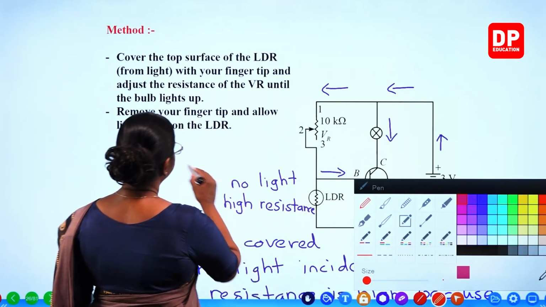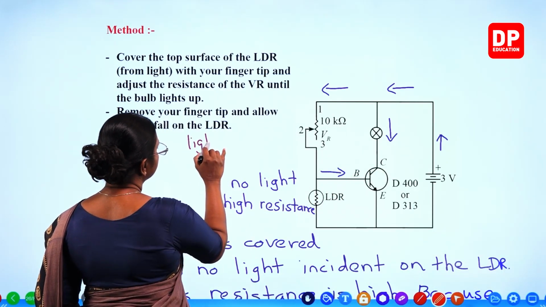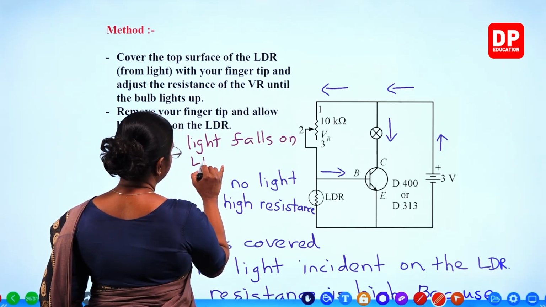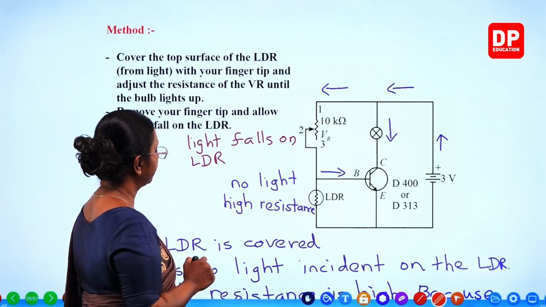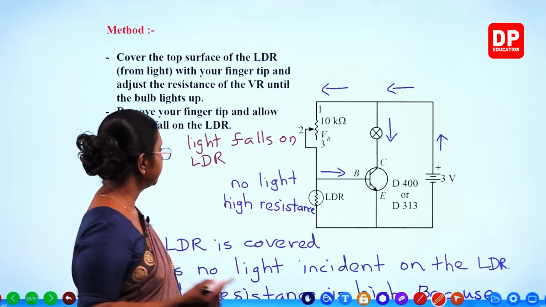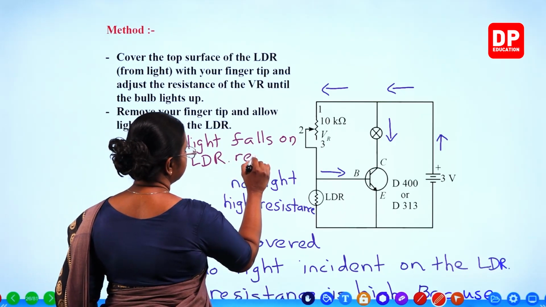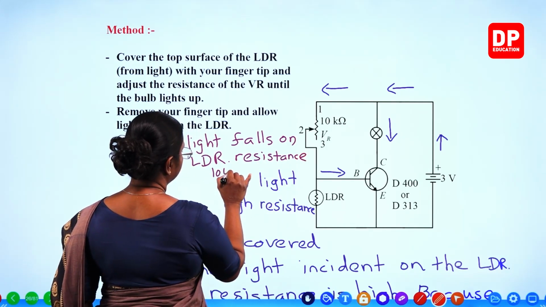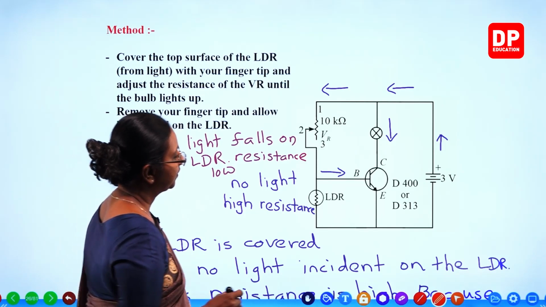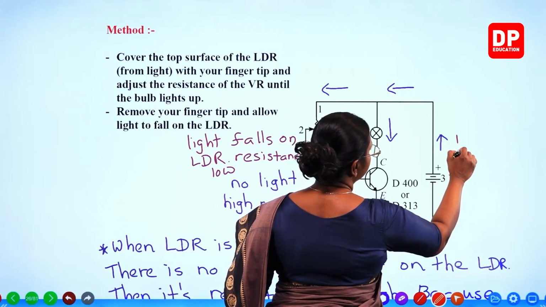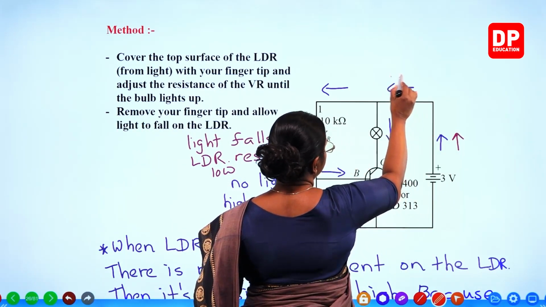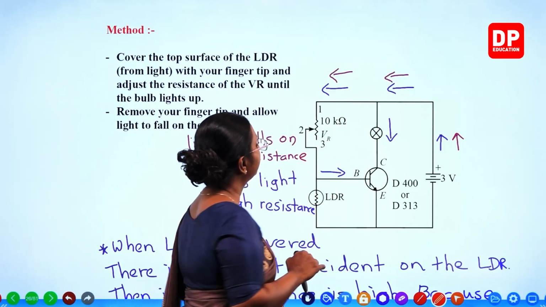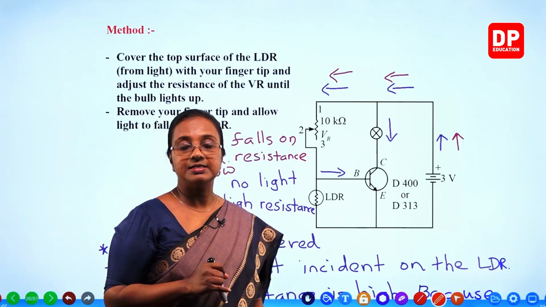Now let's say light falls on LDR. Then what happens to the resistance? Resistance less. Resistance low. Then what will happen? Again, the current flows from the battery this way up to this point, and it can flow through the volume control resistor.